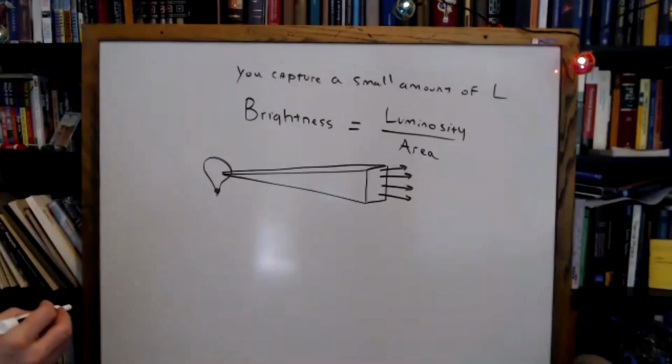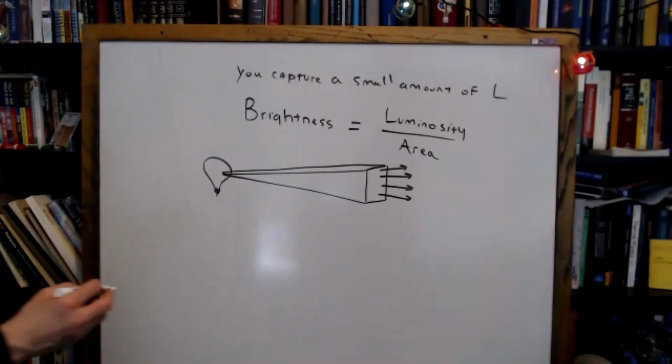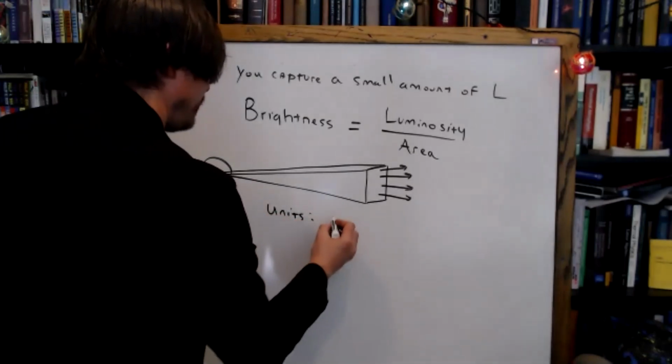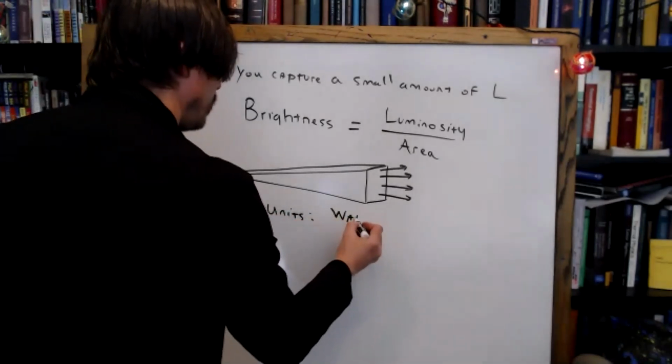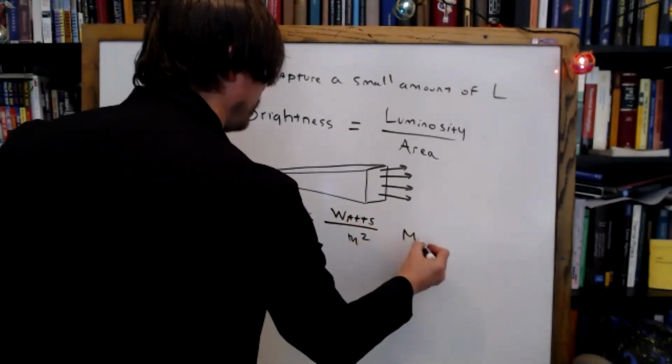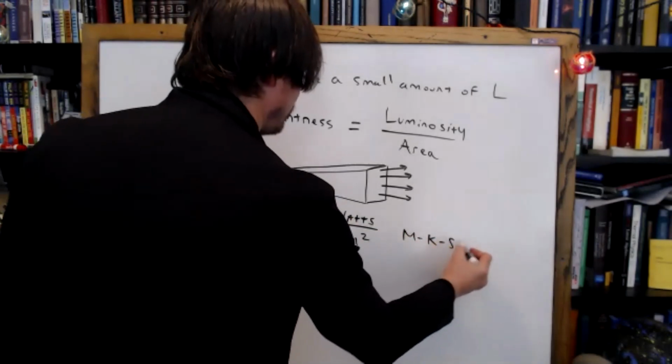And the units of brightness are watts per meter squared in the MKS system.